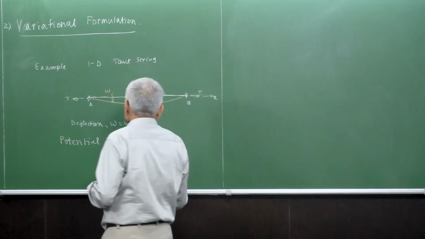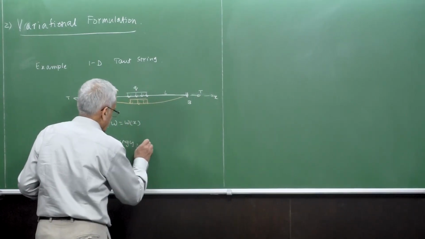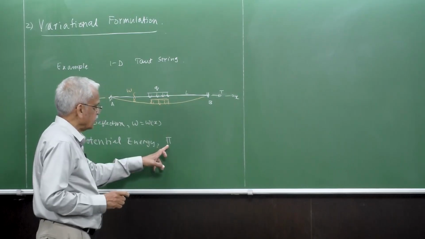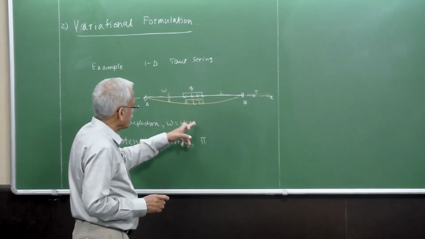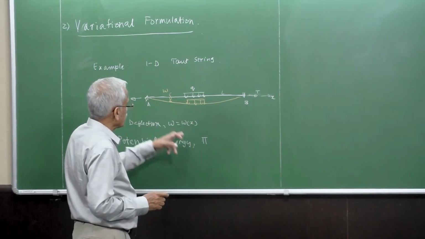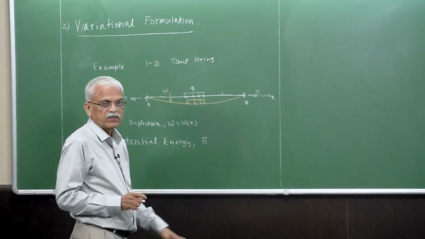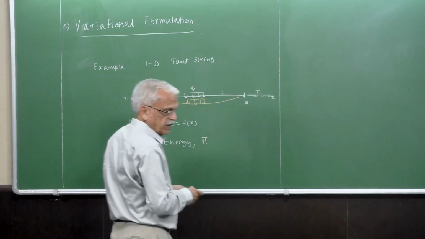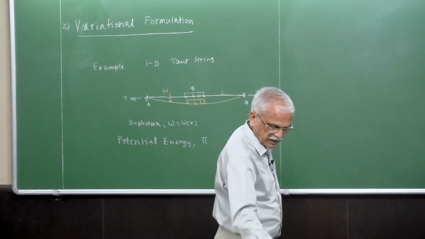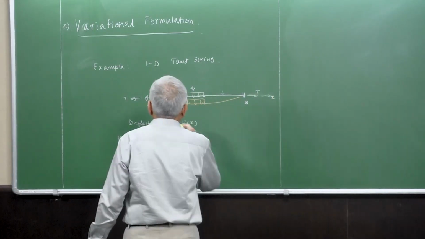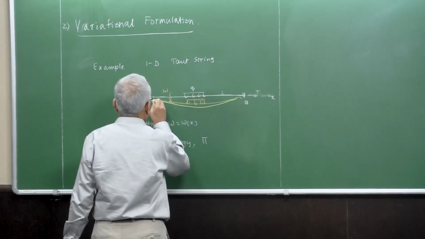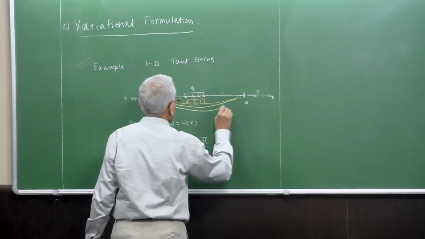Let us call this quantity pi. So what is this pi? Pi is going to be a function of W itself. If W is like this, there may be, for example, another W here and another W here.